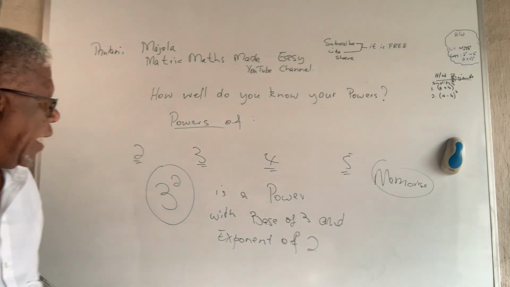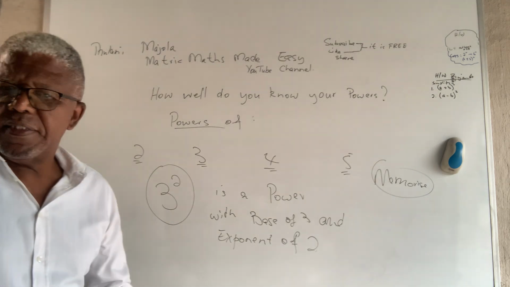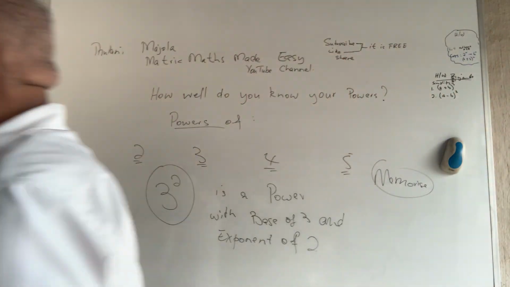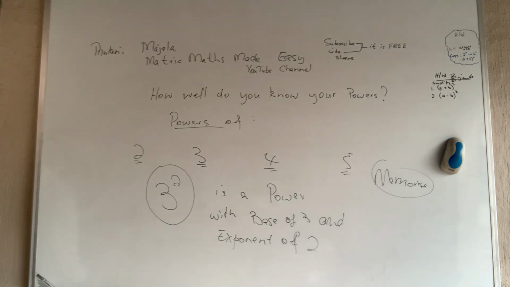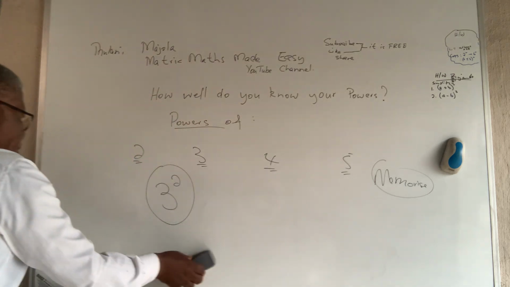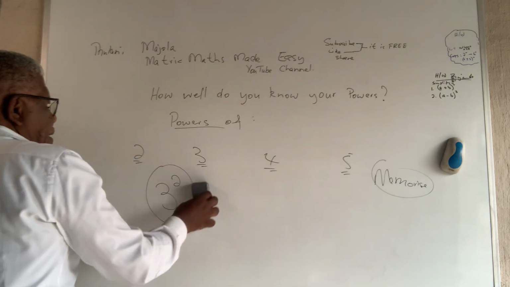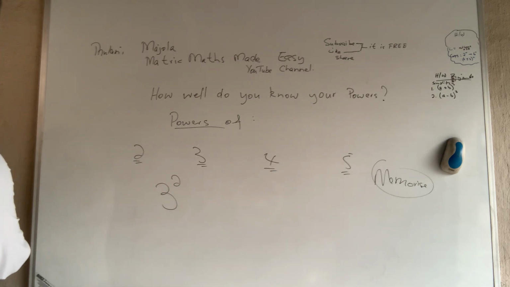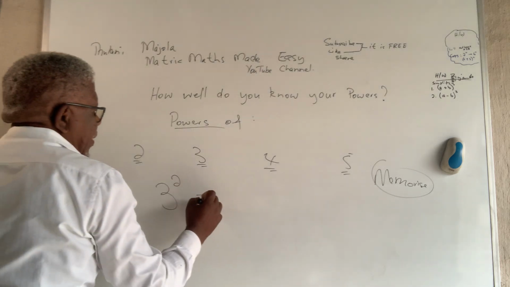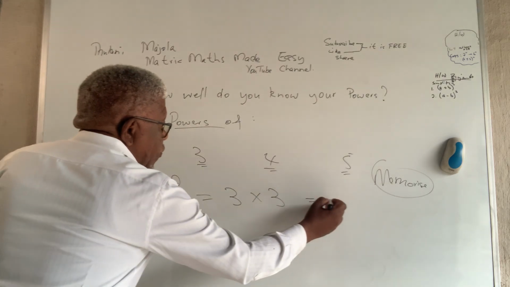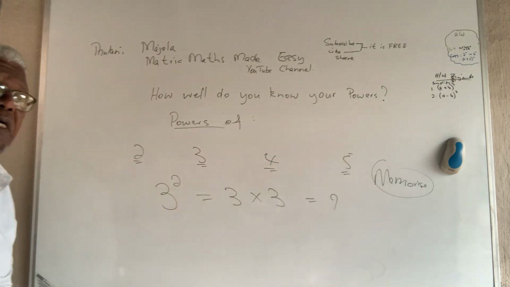Same as multiplication, powers are also successive multiplication. So when I say 3 to the power of 2, what this means is actually 3 times 3, which equals 9 from our multiplication table.